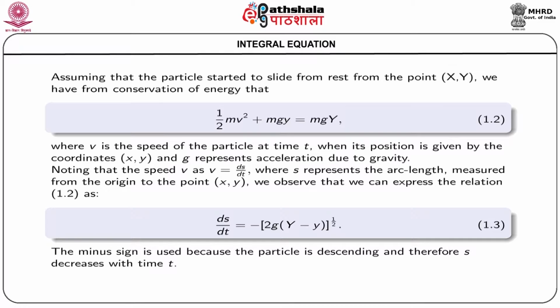If s represents the arc length of the curve measured from origin to the point small x, small y, we can write the speed v as ds dt, so that we can express the equation 1.2 by writing v equal to ds dt in the form given by ds dt equal to minus of root over 2g into capital Y minus small y.